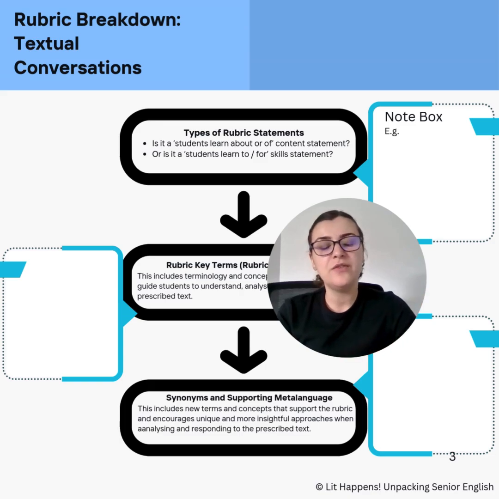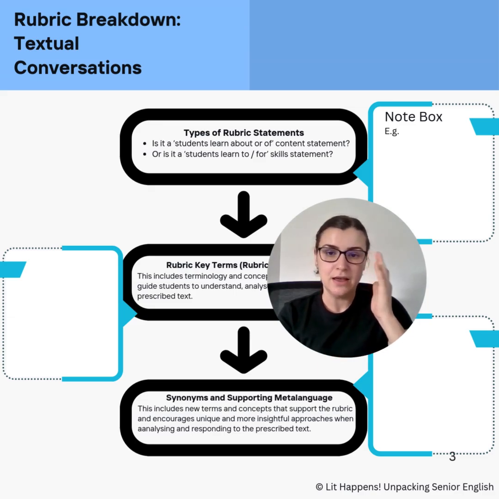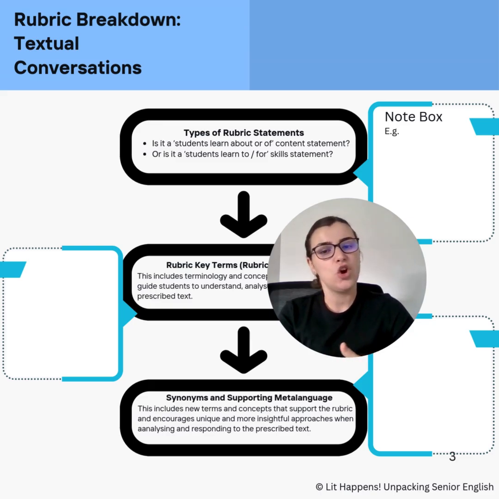Now, the last part of the flowchart is once you've established your key terms with your students, and they've got a sense of the key terms and the more English concept metalanguage that's needed, you might try to extend them to consider additional key terms or some synonyms or some other concepts or ideas or terms that might not be in the rubric but are still very deeply connected.